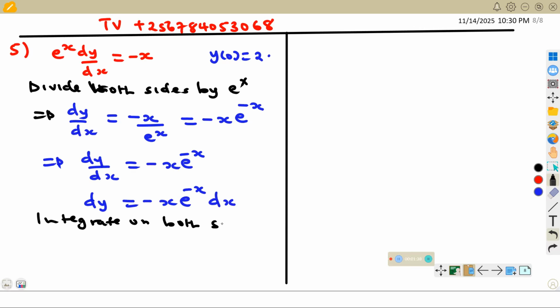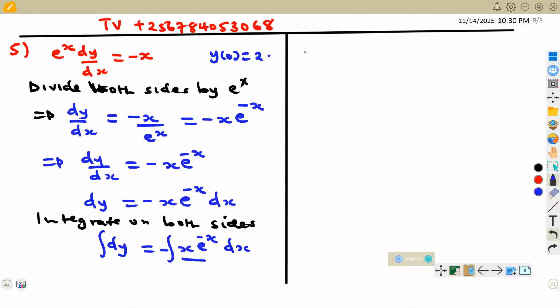So integrating on both sides, we shall have the integral of dy equal to the integral of x e to the power -x dx. Looking at this, it will be integration by parts.